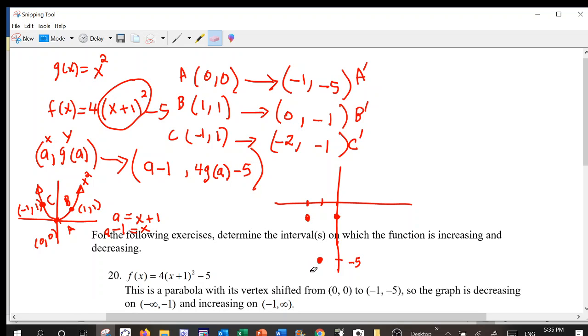So this is A prime, and I have to connect it to that, kind of like this. And this continues this way, and then this continues that way, kind of like that.